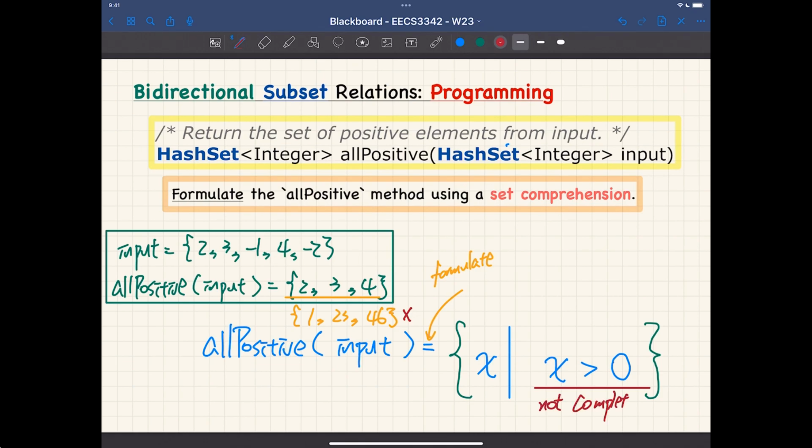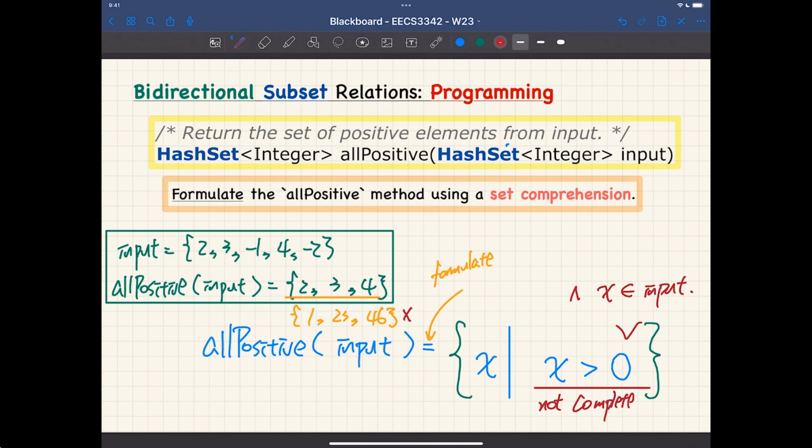So what you really have to add is another conjunction. You want to say, and X should be a member of the input, which is a set. So this will be a nice warm-up for the second part of the exercise. Ryan. Would you say for all X in input? Here, actually, there's no for all, right?